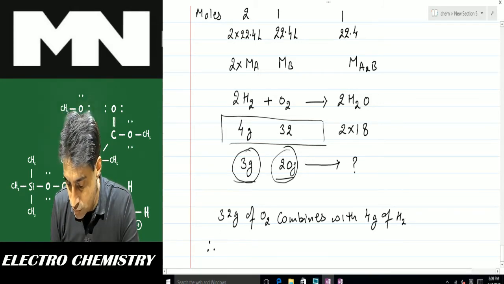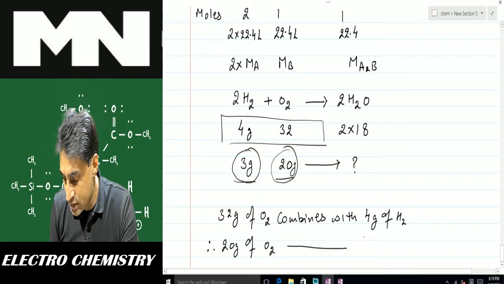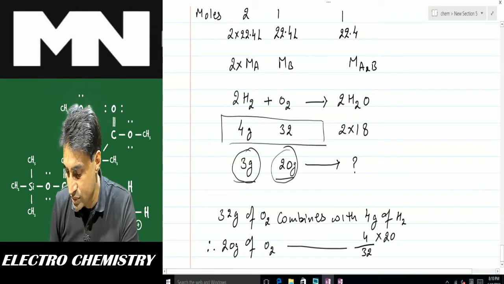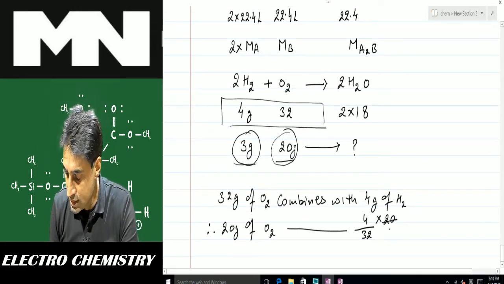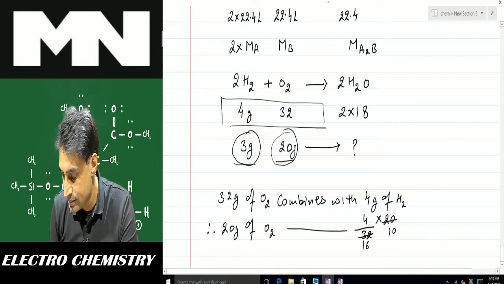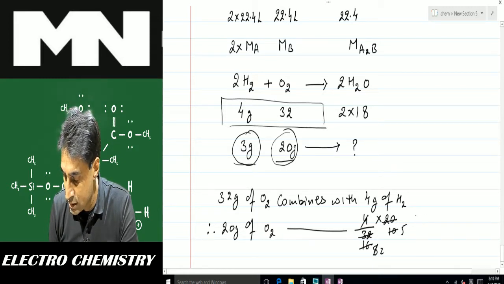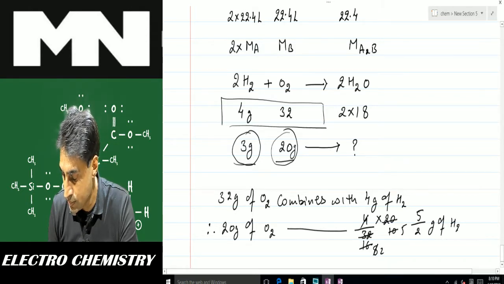Therefore, the weight I've got is 20 grams. 20 grams of oxygen will combine with 4 by 32 into 20 grams. That is 10, here you'll get 16, that is 5, here you'll get 8, 4 to 8, that means you are getting 5 by 2 grams of hydrogen. That comes out to be 2.5 grams of hydrogen.